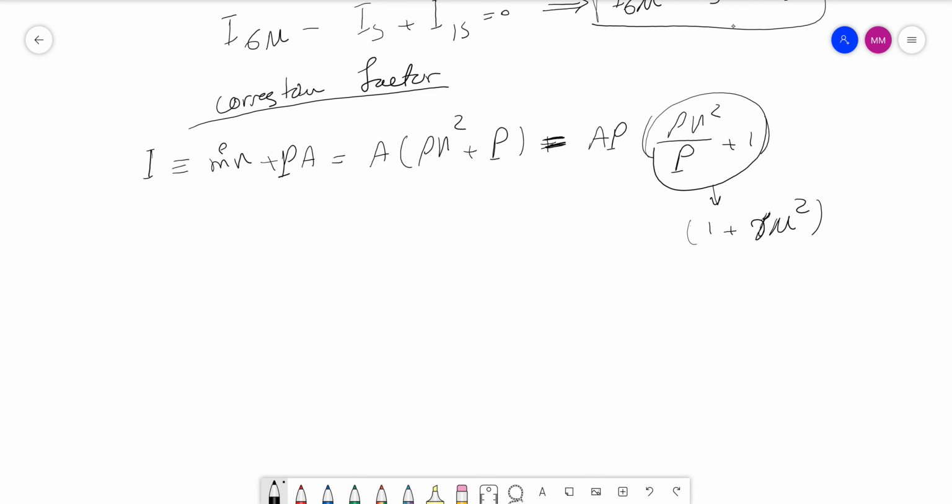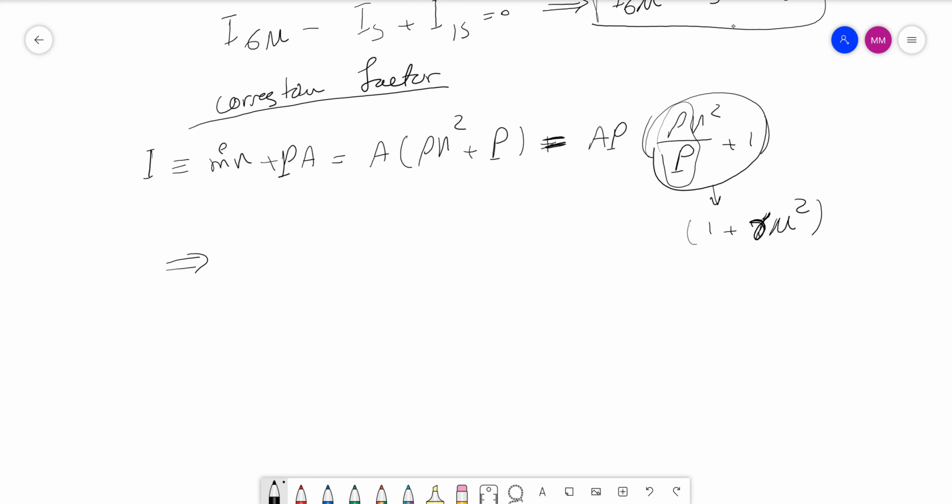It's a pretty simple analysis. You essentially use the ideal gas law to replace this as a function of temperature and R, and then we have the definition of speed of sound and so on and so forth. So you'll get to this equation.